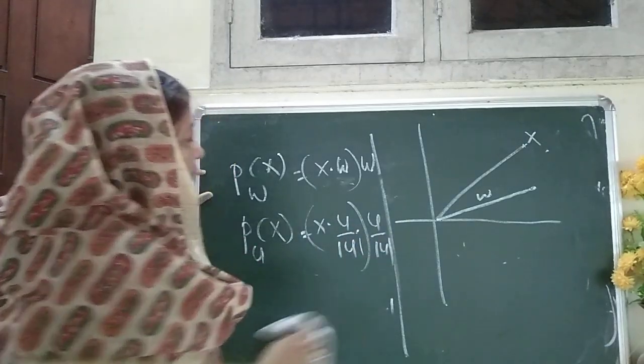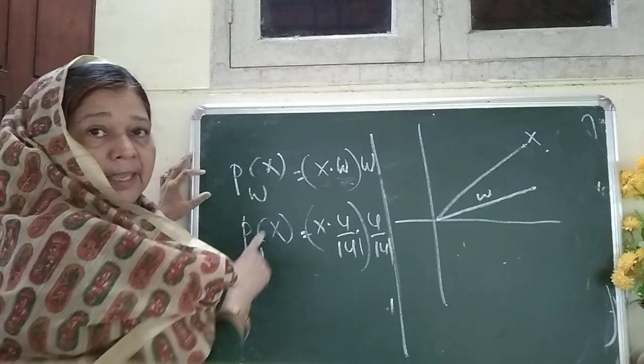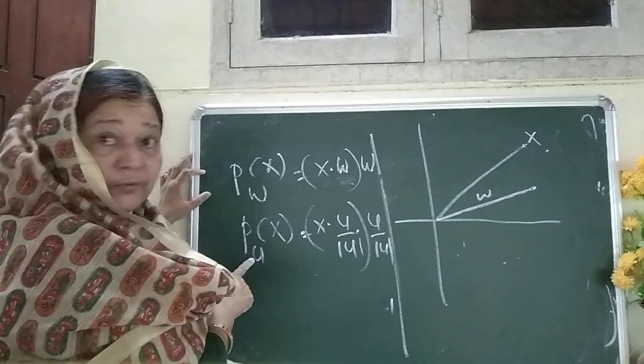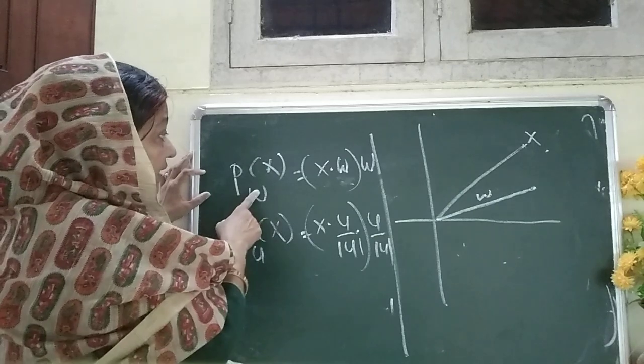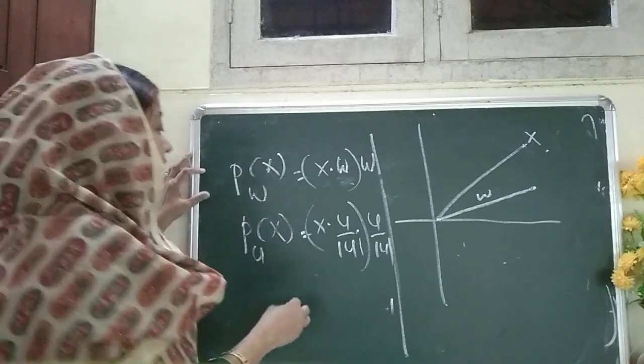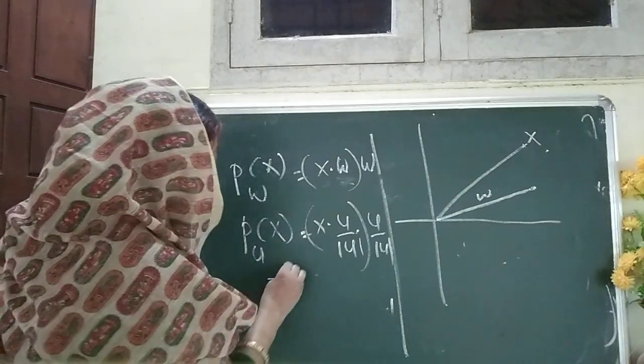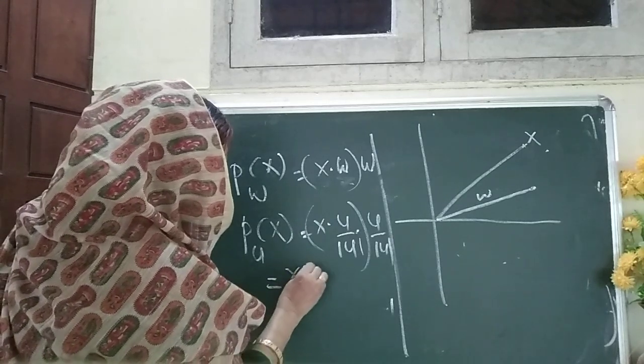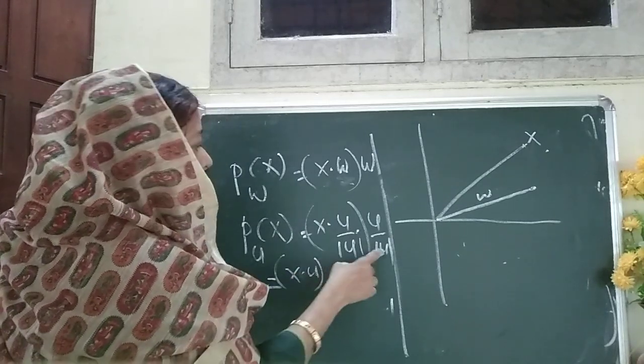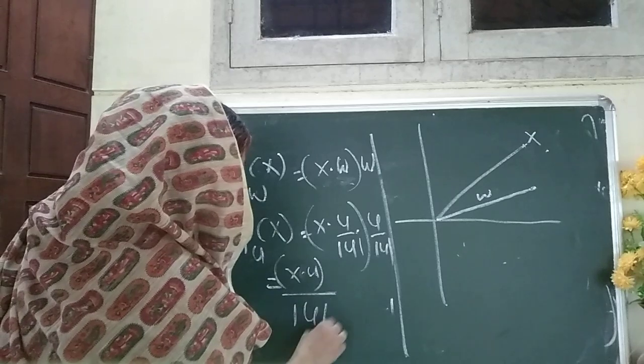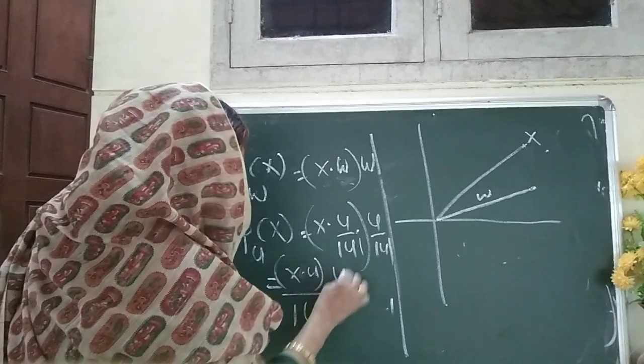Therefore, Pu of x, the projection of x along u, where u is not an arbitrary unit vector and w is the unit vector, is equal to x dot u by modulus of u squared, into the vector u.